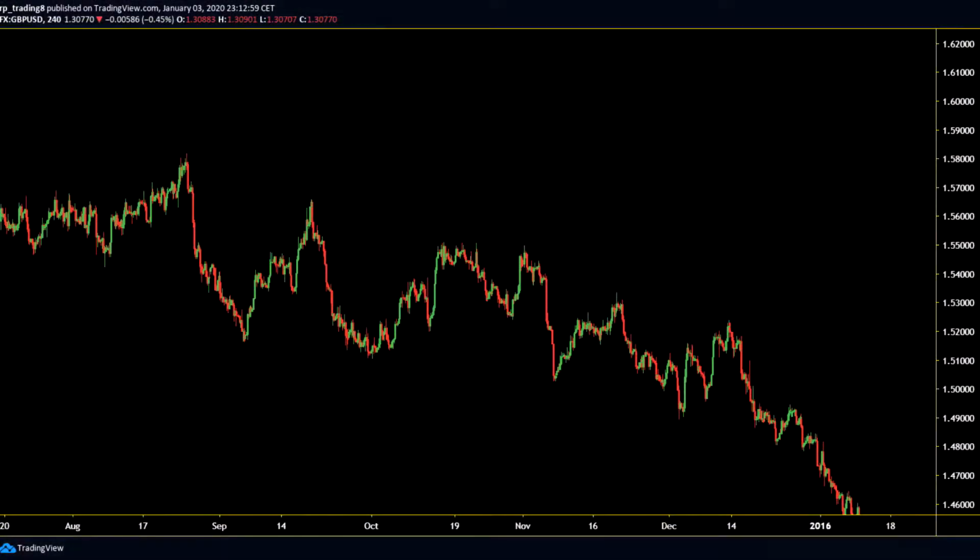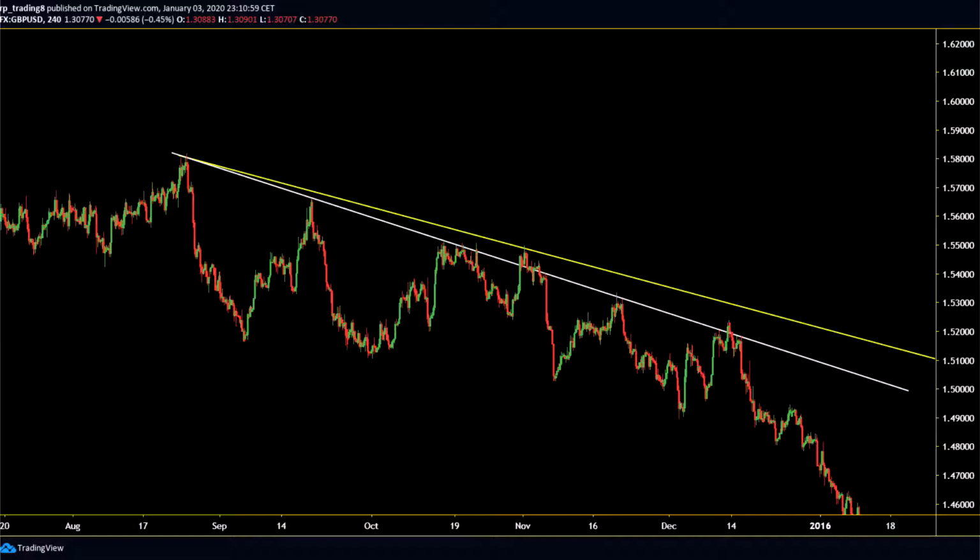Let's take a look at an example on the chart. Now you can draw the level like that, or you can draw it like that. Which one is more respected, white or yellow? I would use the white line for my trading decision because it is clearly more respected than the yellow one, and so we delete the yellow trend line.